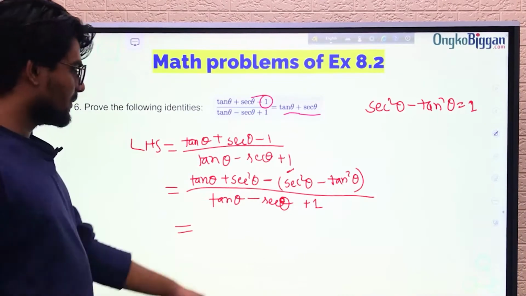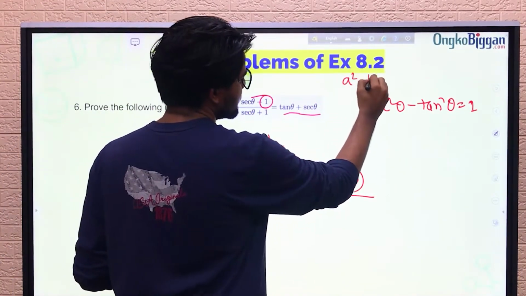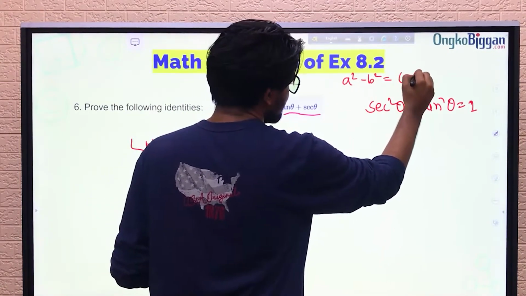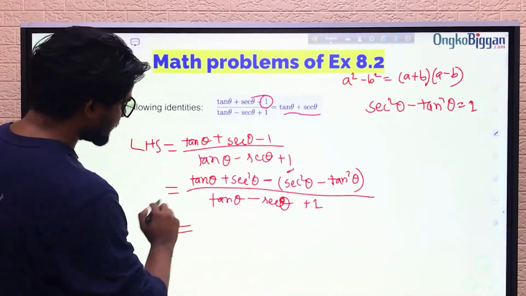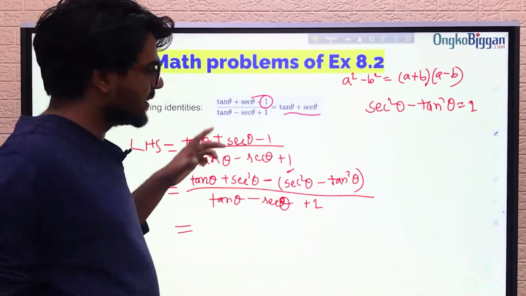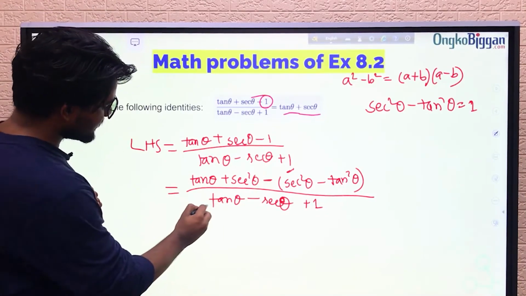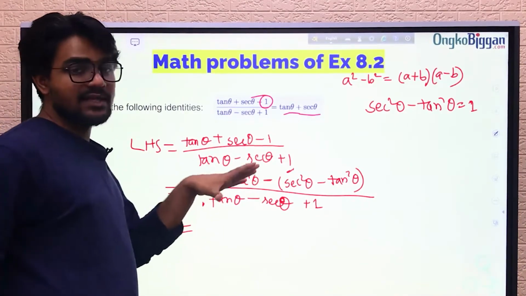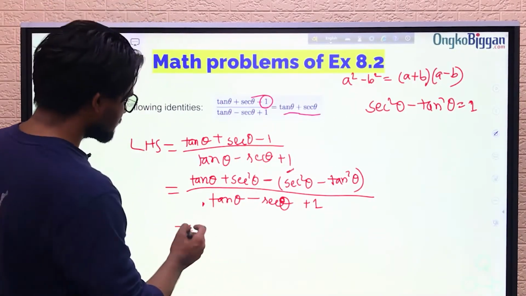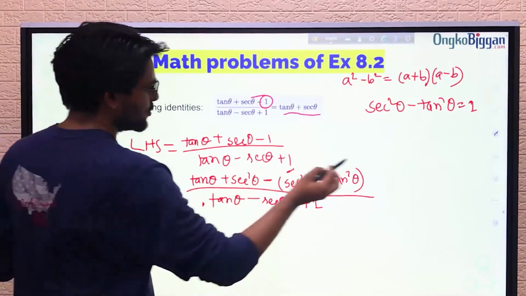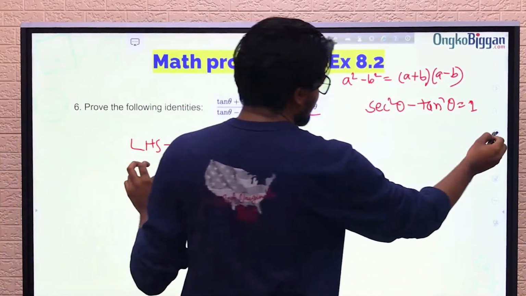Now we can split them using the formula a square minus b square is equal to a plus b into a minus b. If we do that, you will see that after some time this part will get cancelled out with the expression in the numerator. So let me do that. I don't think there will be a square here, so I'm going to remove the square.